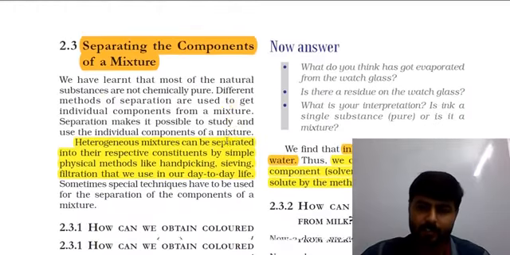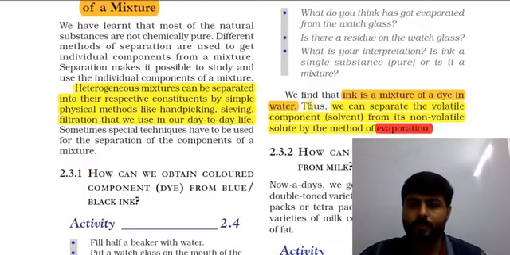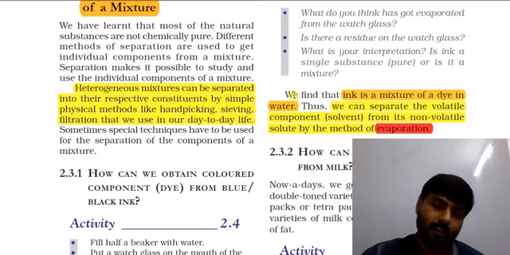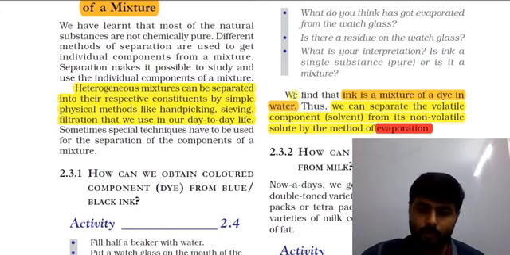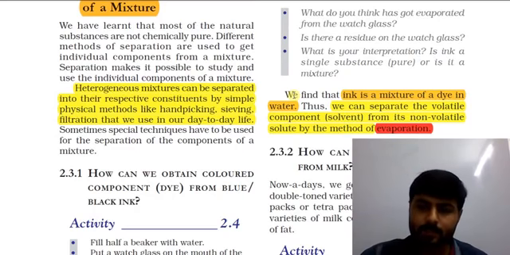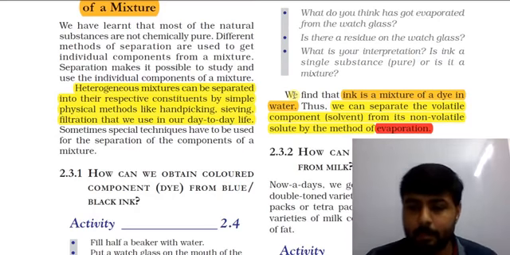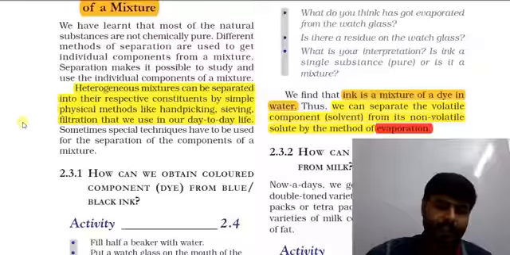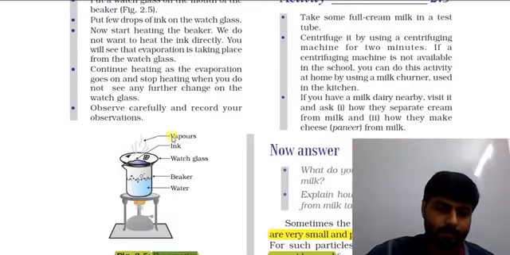Let's analyze it. We find that ink is a mixture of dye in water. What we find from the experiment is that ink is a mixture of dye and water. How can we conclude that? Here you can see the vapor.